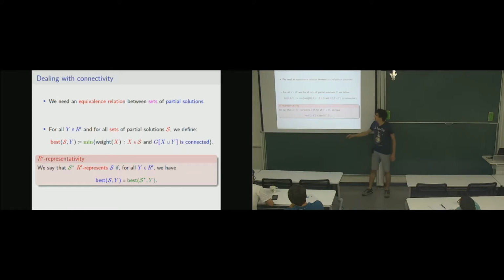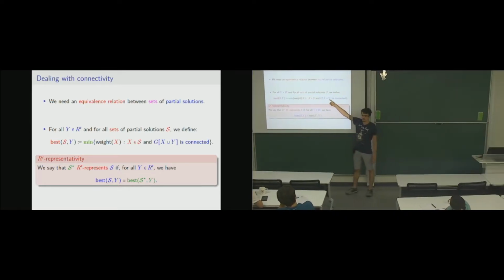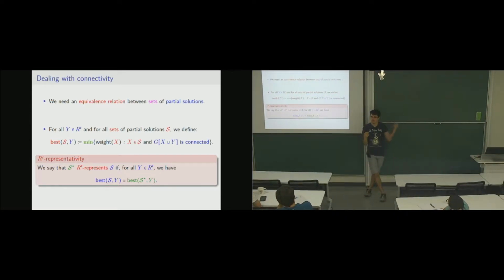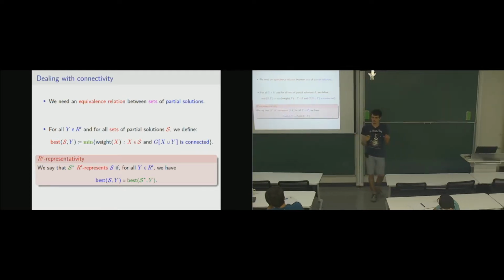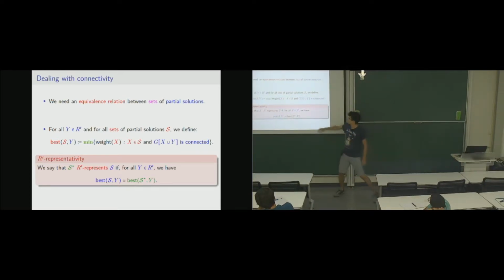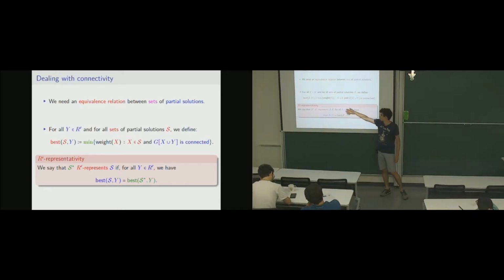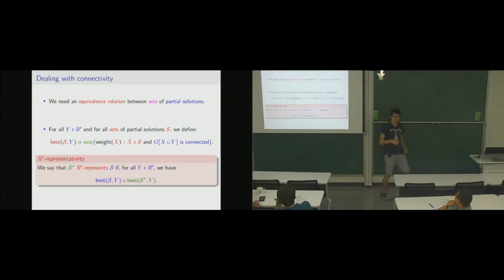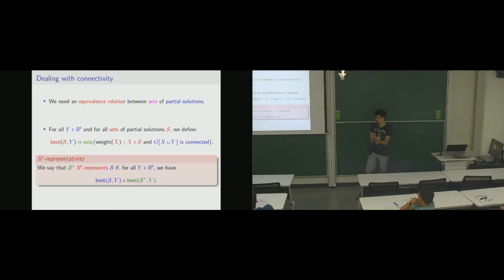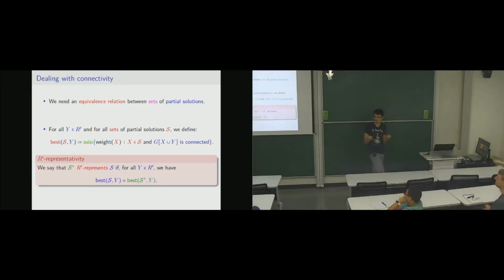This is just the minimum weight of a set in S that gives something connected with Y, so it is the best answer we have from S and Y. And we say that one set of partial solutions represents another if we have this equality for every Y. It means that whatever I take in R prime, I will get the same quality of output.